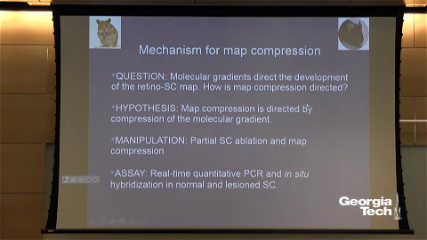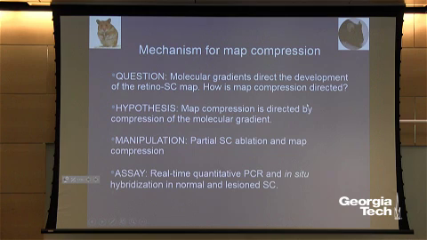So the initial formation, the gross topography of the projection is set up based on molecular cues that when we started this work we didn't know what they were, but in the mid-90s they were identified as repulsive axon guidance factors called ephrins, and their receptors, the F receptors, which doesn't start with an F, it's EPH.